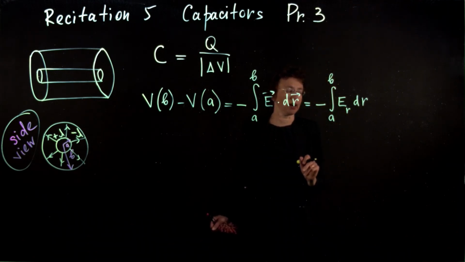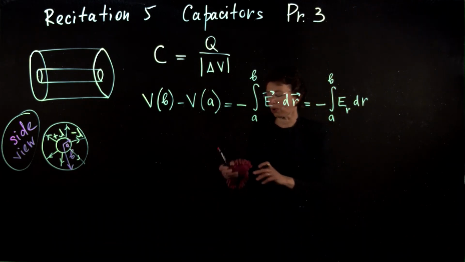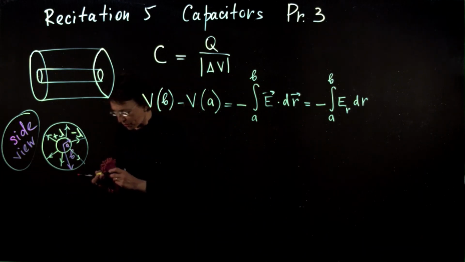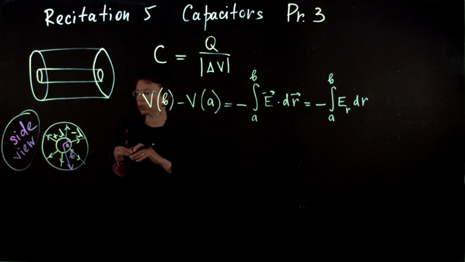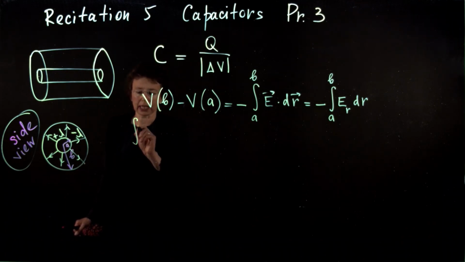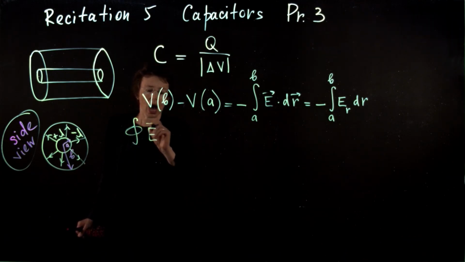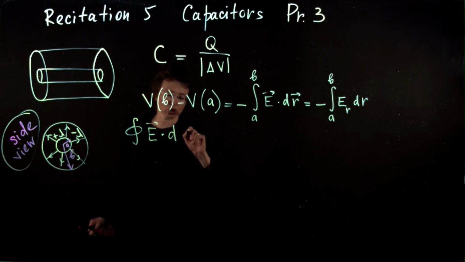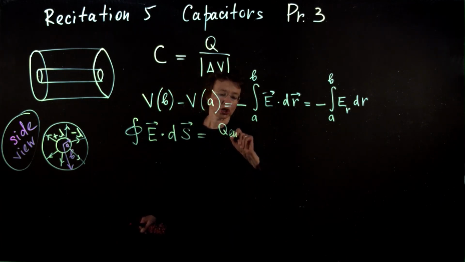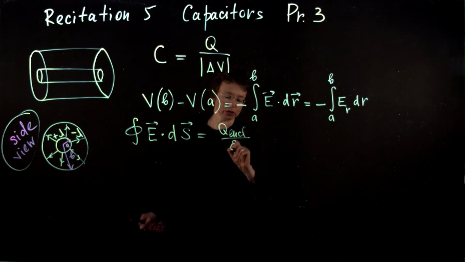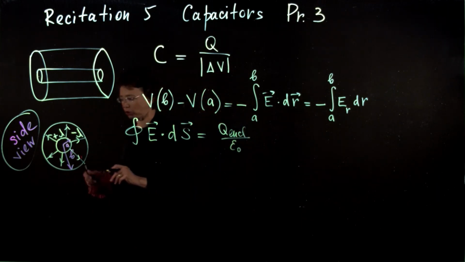Now I need to find out the electric field. So to find the electric field, I will use Gauss's law that tells me that the flux out of a closed surface is equal to the charge enclosed by this surface divided by epsilon naught.